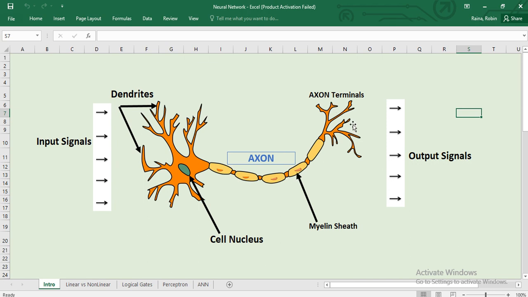If you see the average human brain, you will be surprised to know it has more than 80 billion neurons, and each neuron may be connected up to 10,000 other neurons. Passing signals to each other, it could be more than 1 trillion connections. So you can see how complex the human brain is.